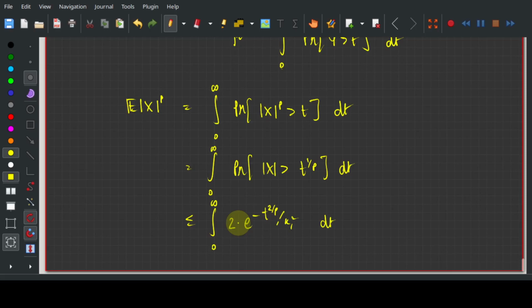Can I do a change of variable? What change of variable should I take? Let me take t to the 2 by p equal to some y.